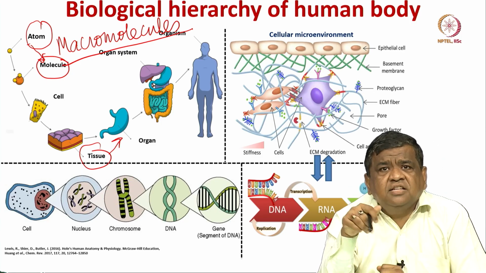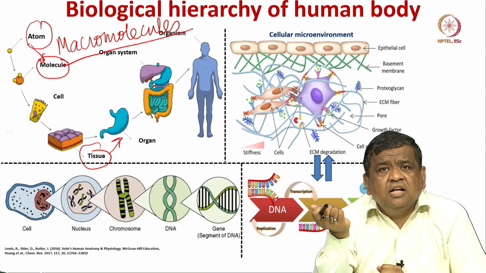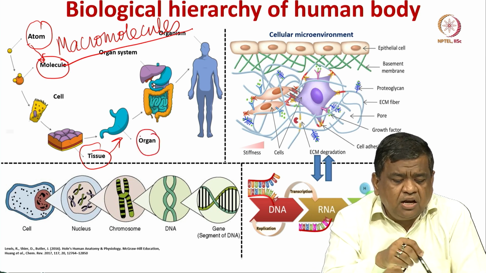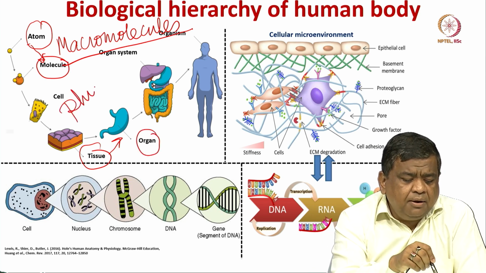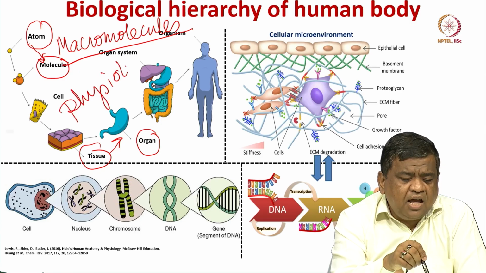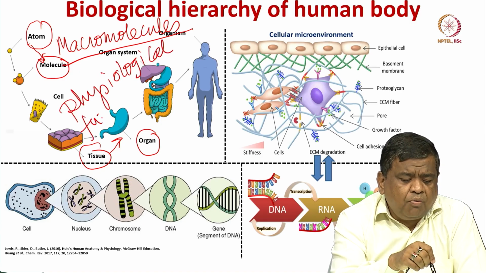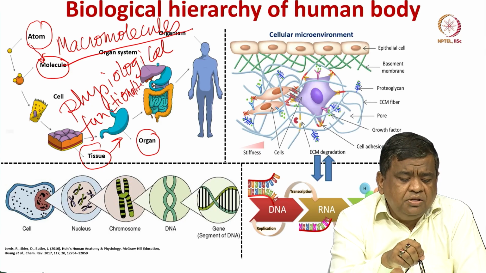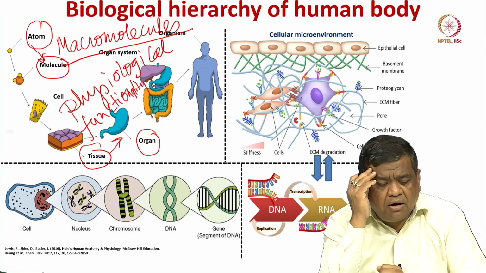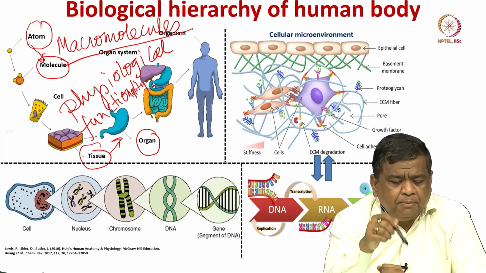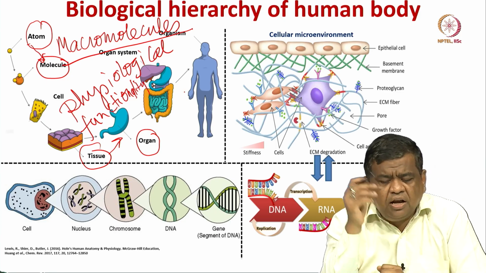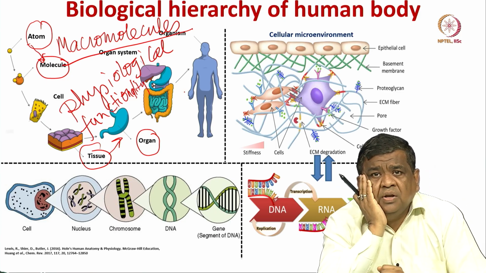These organs have specific physiological functions. So, some of the terminology that I am introducing is very important. This terminology is the physiological context, or the functionality of the organ, and organs perform specific functions.